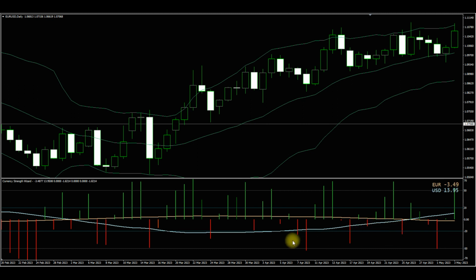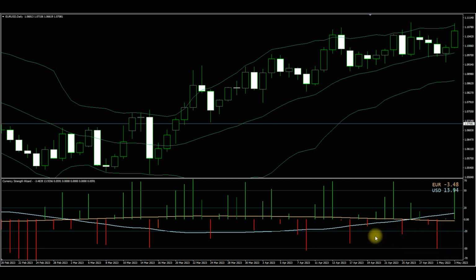Pay attention to these levels. I mean, the levels on this chart where we have green and red bars that cross these levels. We have 50, 20, 0, minus 20, and minus 50, minus 70, and 70.